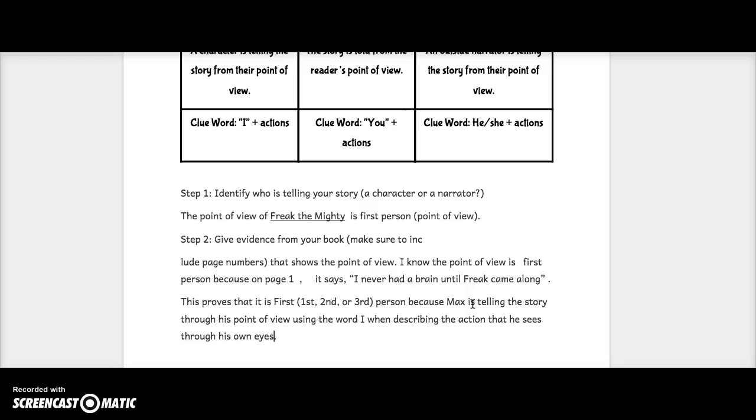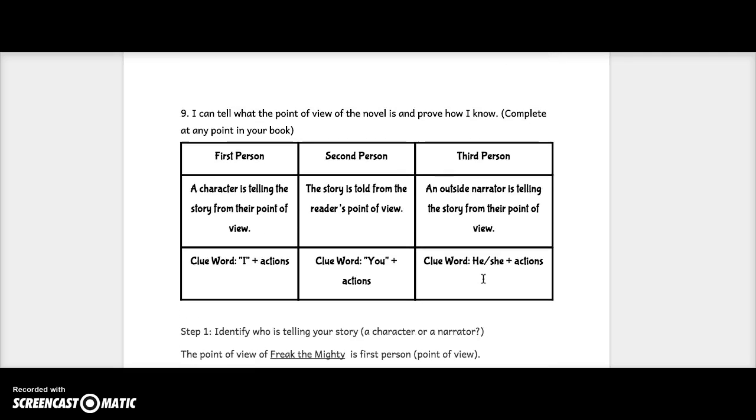So taking a look at this I can statement, I first identified what type of narrator it was, and then I gave evidence using text and page numbers to show what type of narrator I have. So this is how you complete I can statement number 9.